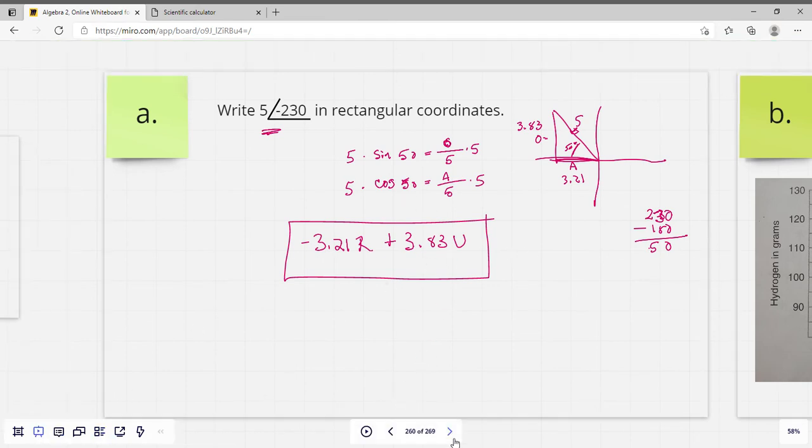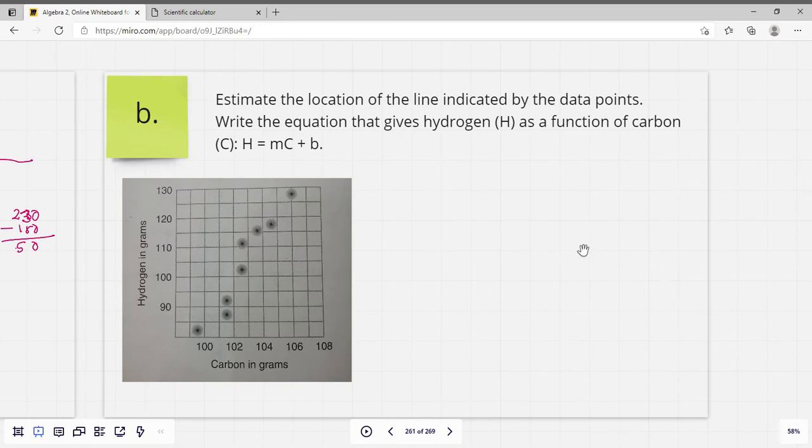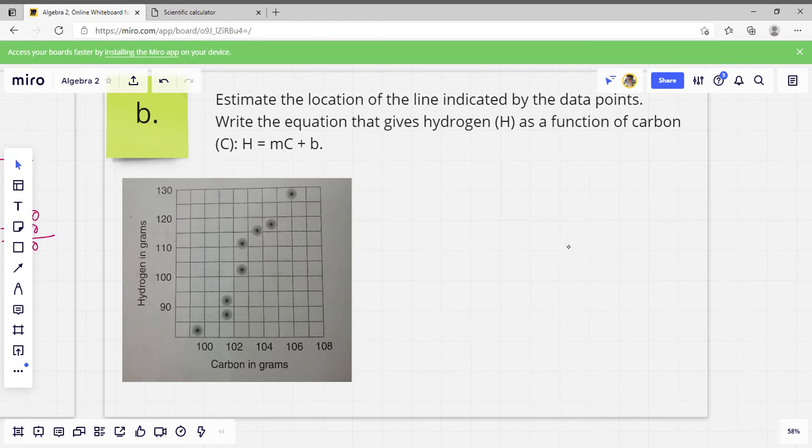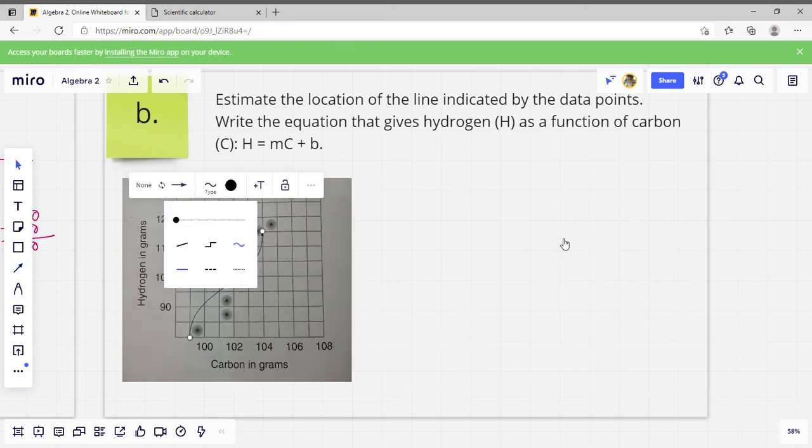All right, this next one, you're not going to get the same answer that's in the answer key. It asks us to draw a line. Estimate the location of the line indicated by the data point. So if I started like right down here, oops, I don't need it to be that kind of line. I need a straight line.